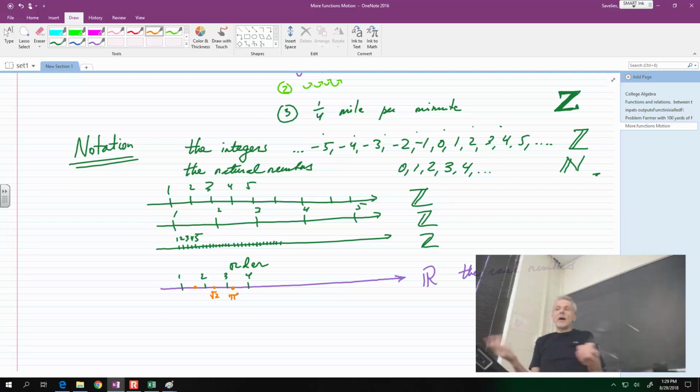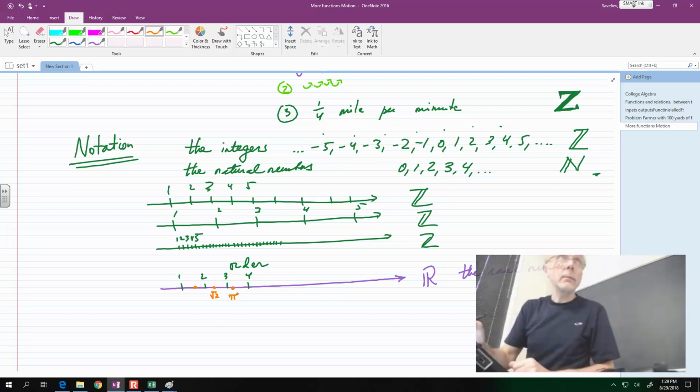But mathematically, there might be things such as square root of 2 that is not one of the markings. In fact, 1/3 is not one of the markings. But square root of 2, where does square root of 2 come from? Historically or otherwise? Why do we care about square root of 2?